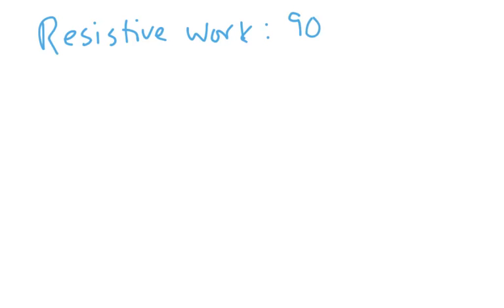And then finally, which is a little bit counterintuitive, is the idea of resistive work. Resistive work, I really don't think we see too often. Resistive work is basically when your angle ends up being somewhere in between, the opposite of where you want to go.